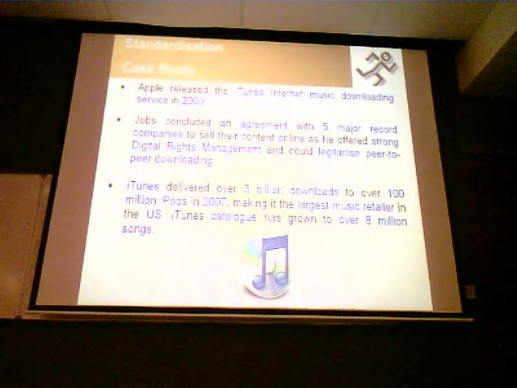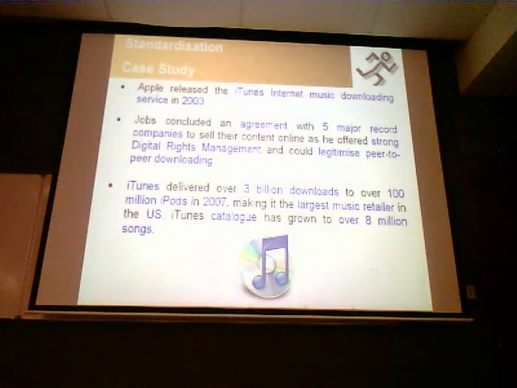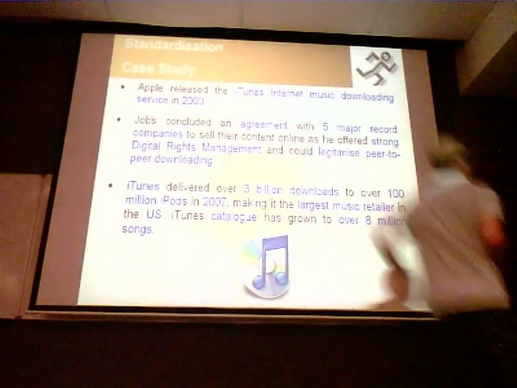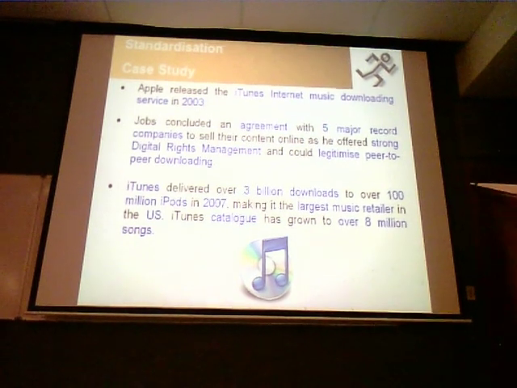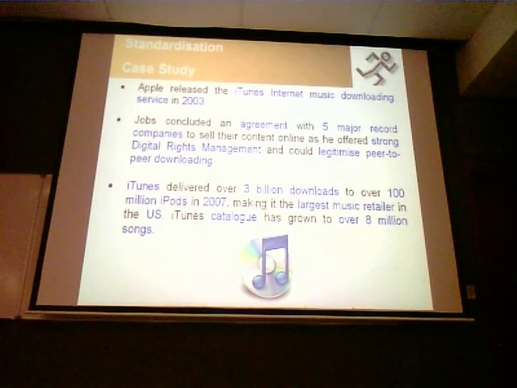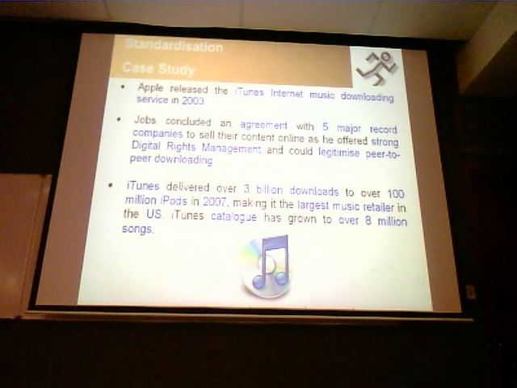Apple took it instead. He not only released the iPod, which was the product, but did he not follow it up with iTunes, the service? So that was the killer app that helped there. And the reason that he was successful was he went to Sony, BMG, EMI, Warner's, and Universal.